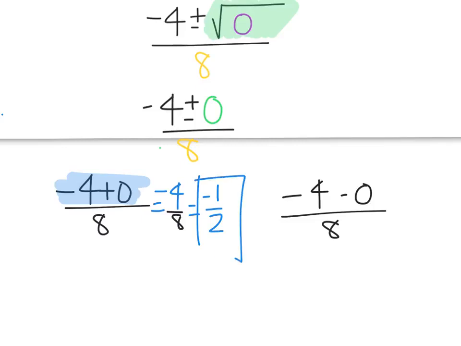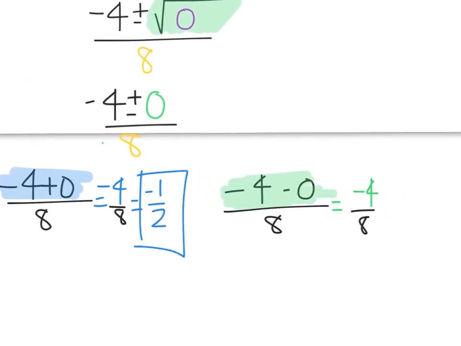So there is one of my answers. Then we do the math on the other one. We have negative 4 minus 0, which is also negative 4, and I still have divided by 8. And negative 4 divided by 8 is also negative 1/2. So I have my second answer, but notice that our answers are actually the same. That's okay. It just means we have two answers that are both negative 1/2.